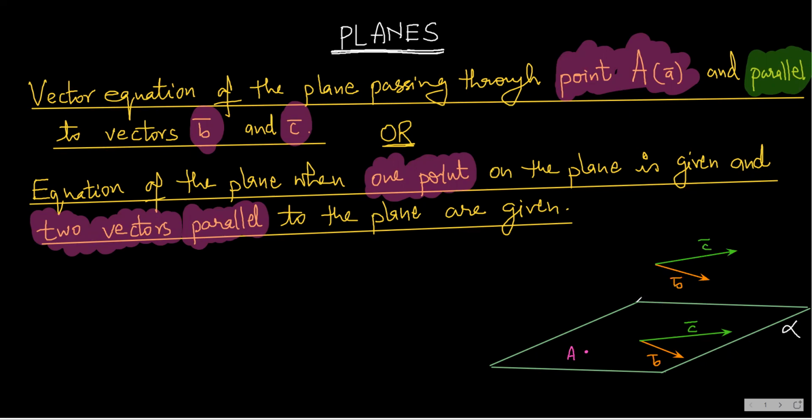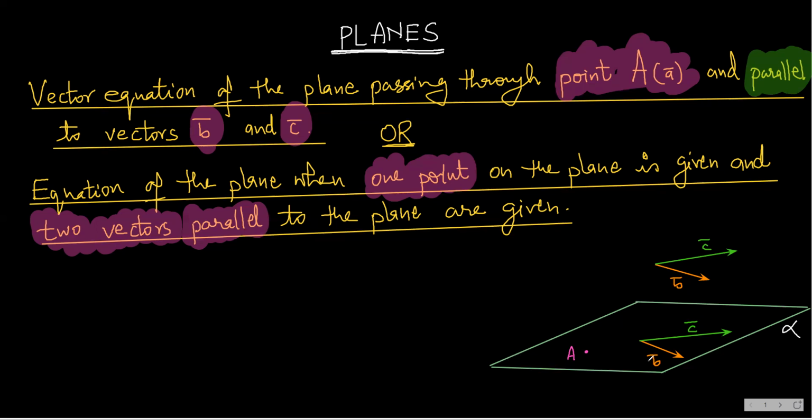You can imagine as if this plane is resting on a floor and these two vectors are floating in air. They are floating in air and they are parallel to the floor.